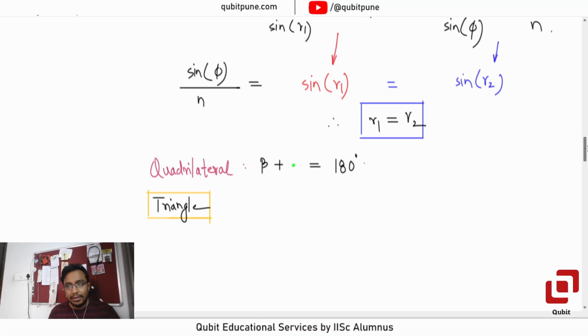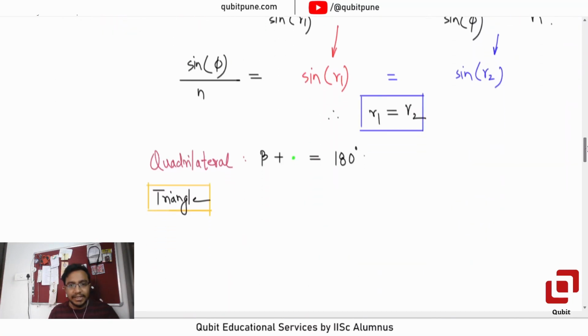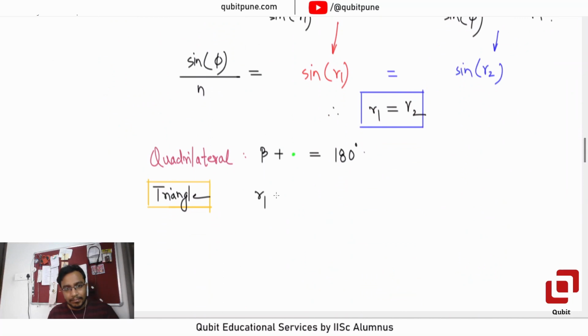In that yellow triangle, what relationship do we get? R1 plus R2 plus green dot equal to 180 degrees. Therefore, R1 plus R2 equal to beta.